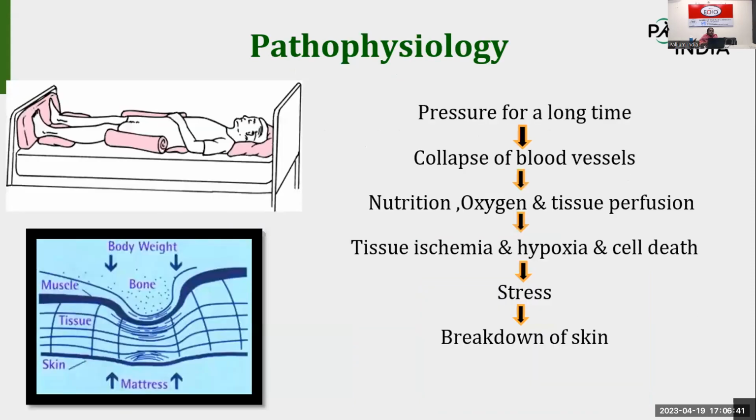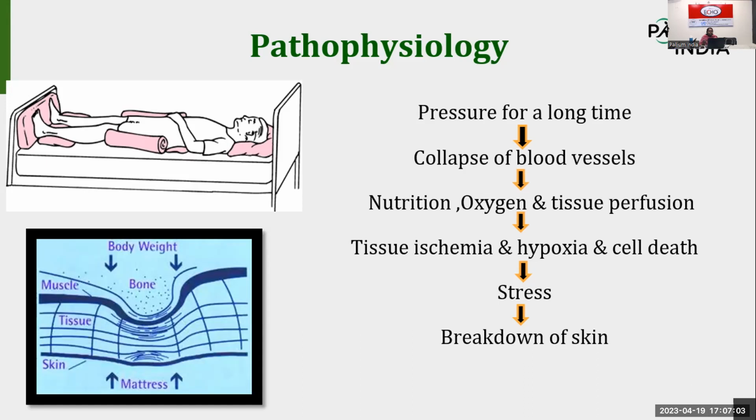Coming to the pathophysiology, just imagine a patient lying on a bed. Because of the continuous pressure, the patient is not able to move independently. Because of the body weight, the bone will be compressing the underlying tissues.